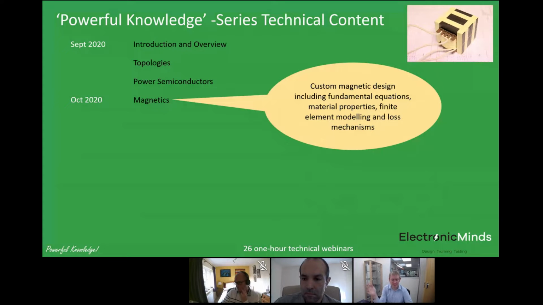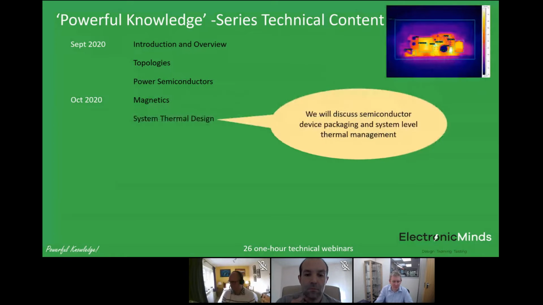And the benefit of that is we can make it smaller, but you can only do that if your power magnetics and your passive components can keep pace with that. So we'll be discussing some really interesting aspects of magnetics design, including fundamental equations, material properties, finite element modeling, and different loss mechanisms. So I'm quite looking forward to delivering that set of webinars. It's going to be an interesting journey, that one.